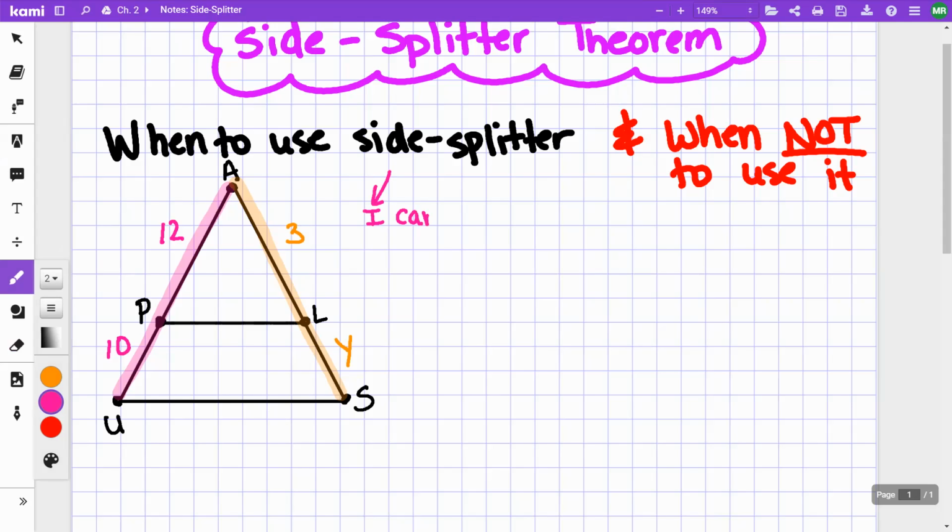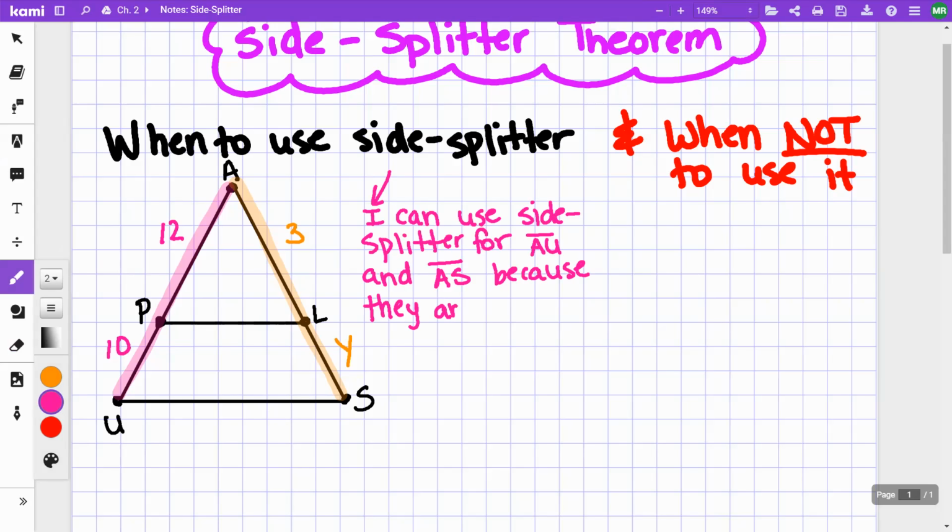I can use side splitter for AU and AS because they are both split into two segments.